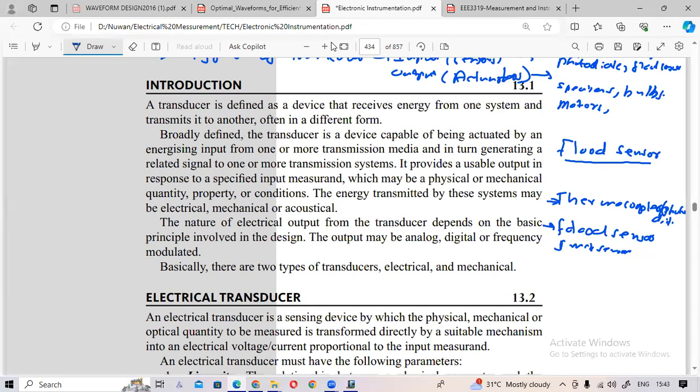Let's not consider fire sensors, but there is a significant difference between this kind, thermocouple, photodiode, and this flood sensor, smoke sensor like this. Can you guess what that is? What is the main difference?